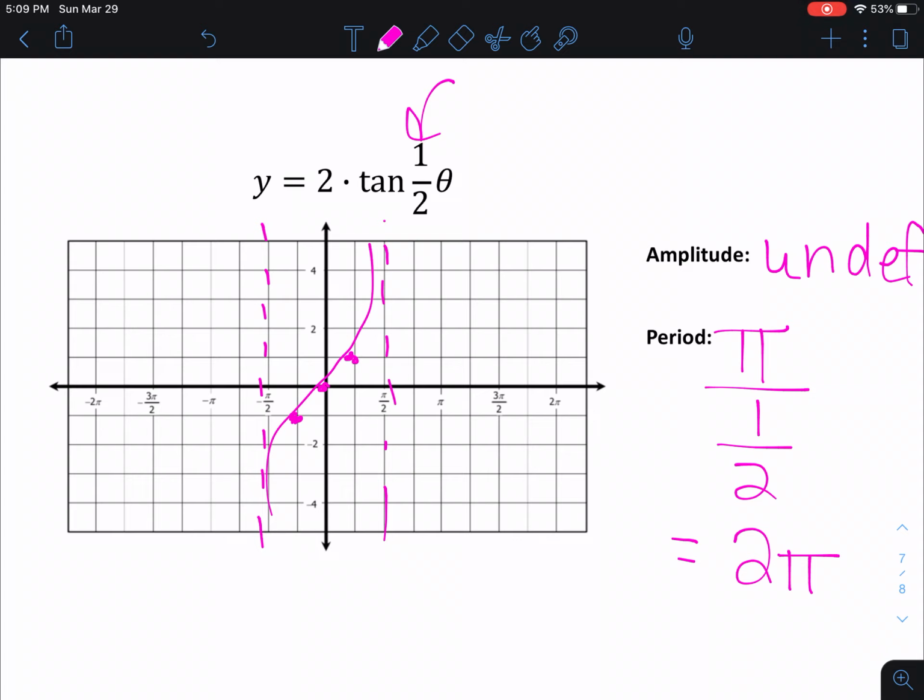And when we're looking at that, half of the graph is to the left of the y-axis and half of it is to the right. So the same thing has to occur when we do this graph here. Our period is 2 pi, but that's going to be split up by the y-axis.